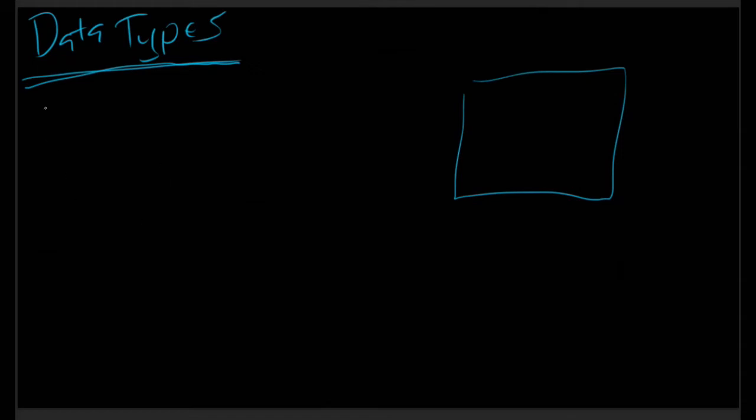So if we, for example, say, okay, I have an integer, and I want to create a location in memory of type integer, that says this box is now of type integer. And int is what most programming languages use to represent integer.